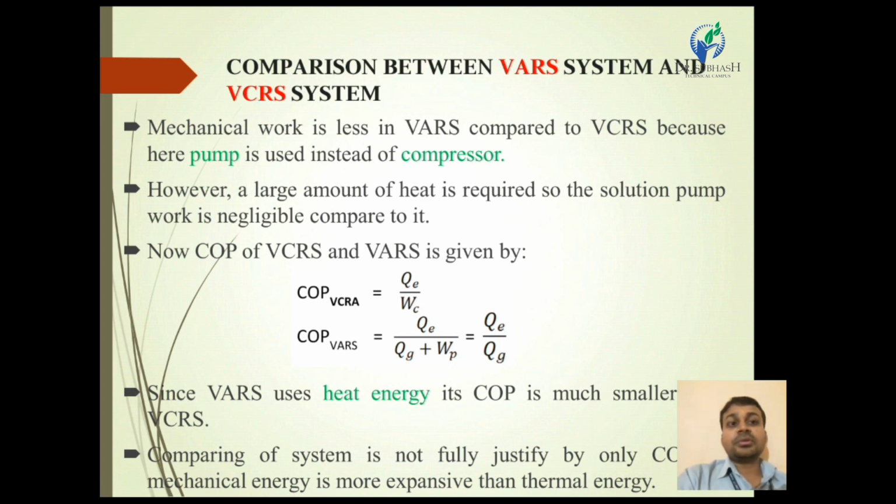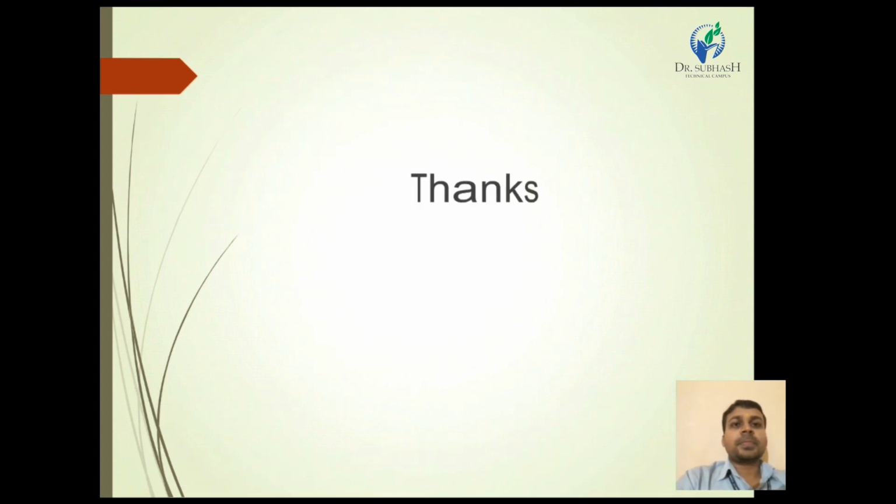The VAR system also gives only a small temperature drop, considered as 5 centigrade maximum, and the VCR system gives a much larger temperature drop, up to 200 centigrade negative temperature. Comparing these systems is not fully justified by COP, as mechanical energy is more expensive than thermal energy. Okay, thank you.